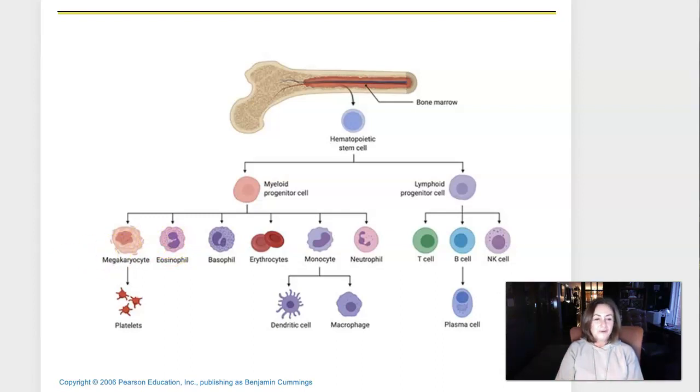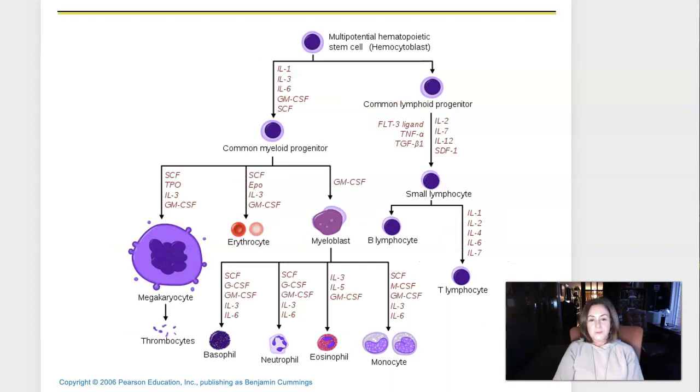And then as far as what white blood cell is going to be produced, that's determined by, you can see, many different chemical messengers, and that goes beyond the scope of this course. But I wanted to talk about that just for a minute anyway. Some main substance categories are interleukins, those are the IL, and colony stimulating factors, the CSF.